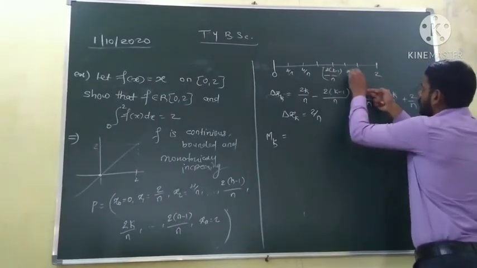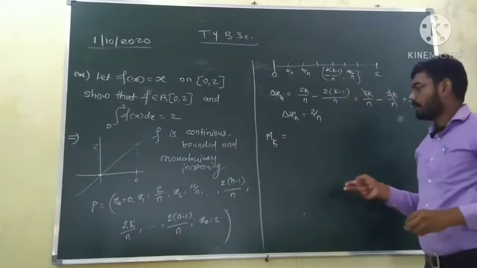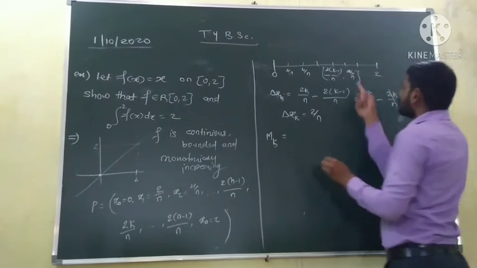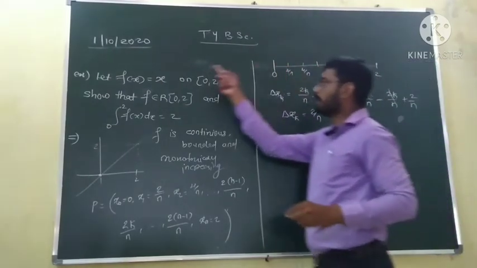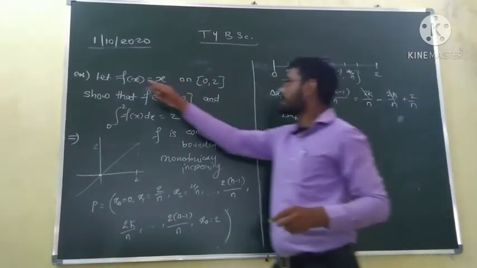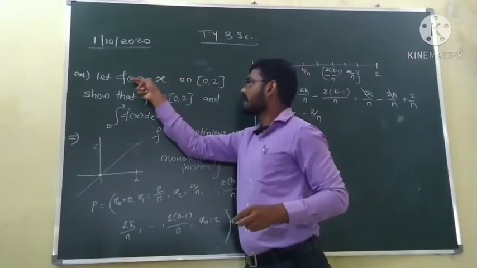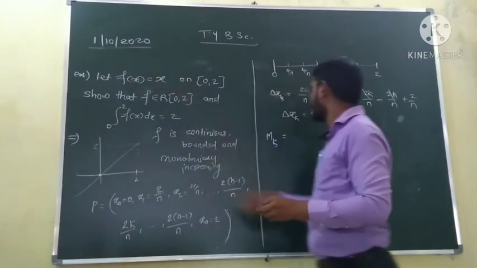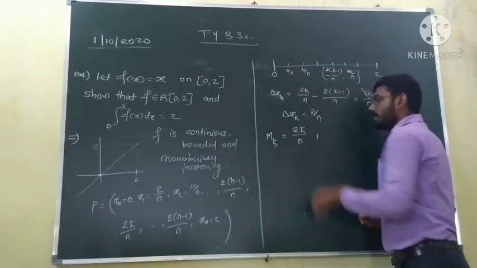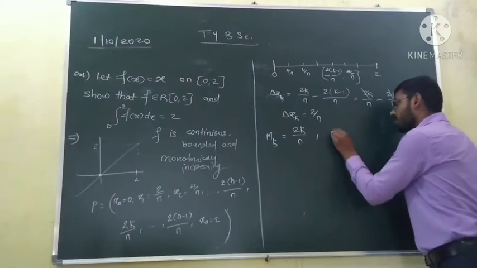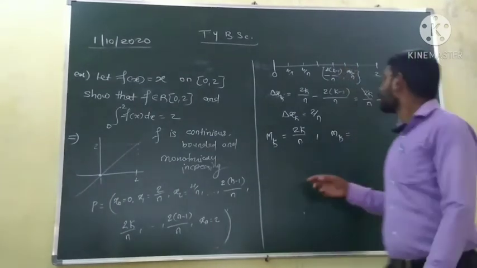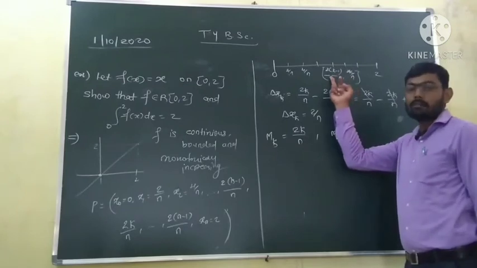Put this value in the function. Put x equal to 2k by n. So f of x is equal to x, so f of 2k by n is equal to 2k by n. So we get capital M_k equal to 2k by n. And the minimum value of the function, small m_k, occurs at the left endpoint.